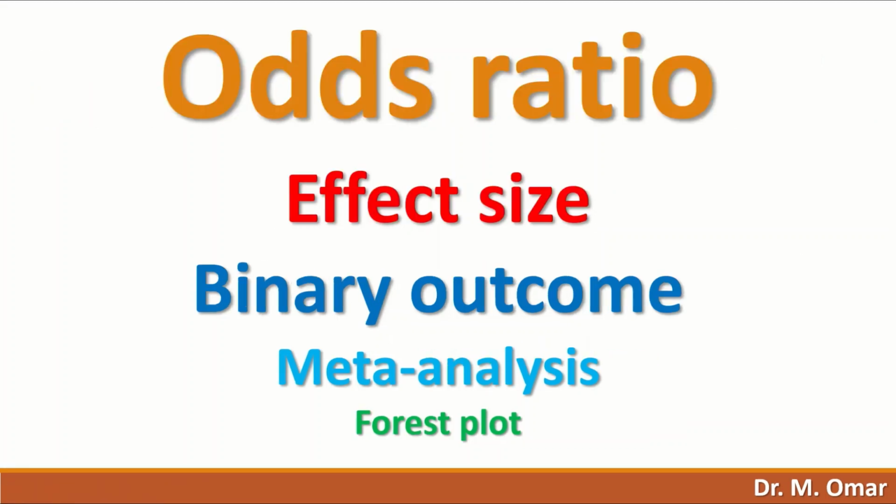Odds ratio is an effect size that is estimated when the outcome is binary. A binary outcome is a variable that has two levels in it, binomial or dichotomous. Two levels such as agree, disagree, yes or no, smoke, doesn't smoke.